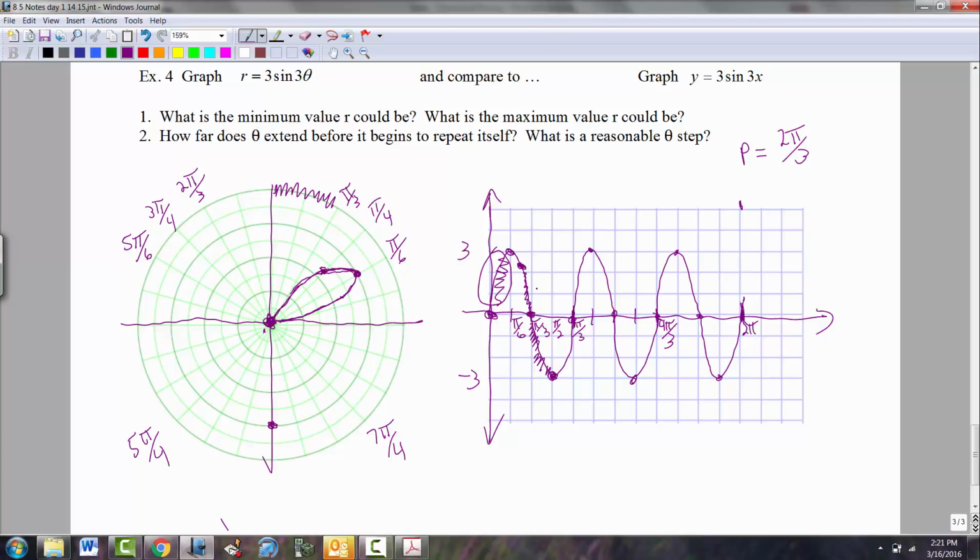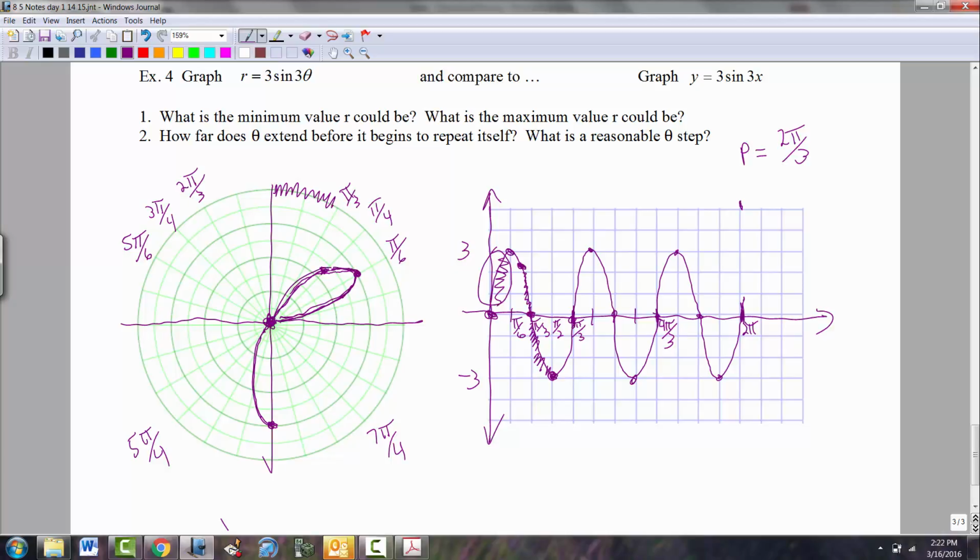And then all the way up to very close to pi over 2 is very close to -3. So what you get is this little thing, exactly the same as these little arcs that we're getting right here in these pictures.